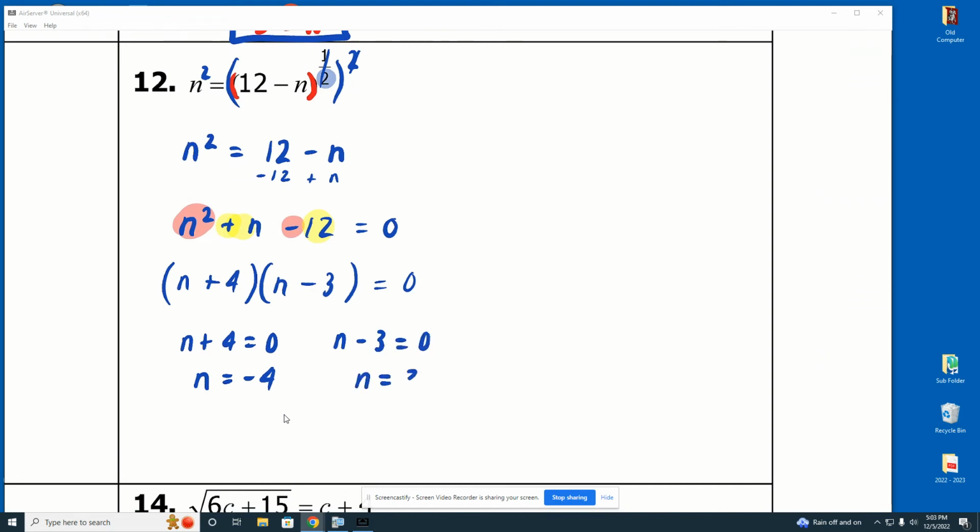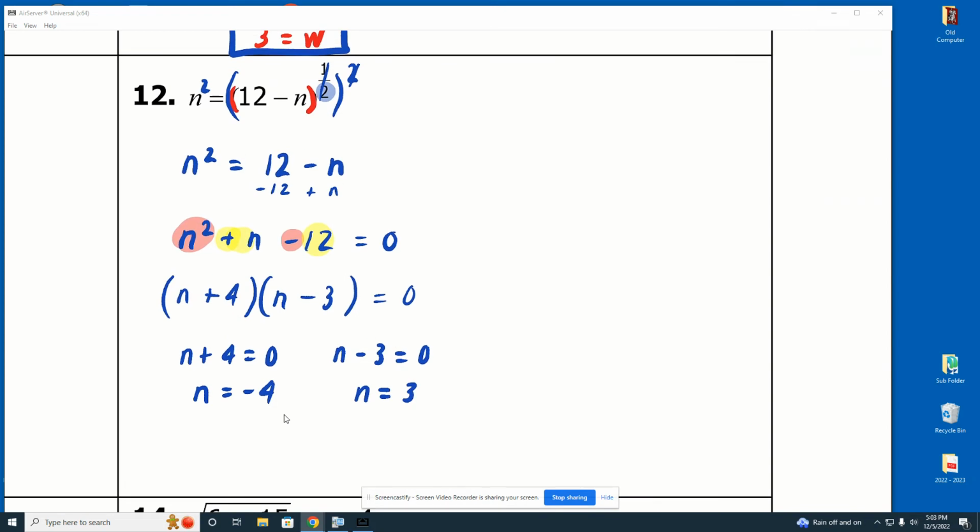So my two solutions that I need to check are negative 4 and positive 3. Now, I'm going to go back up. I'm going to erase all this stuff that I had done up here because I need to type these in. Well, on the left side, of course, it's just n. So when I try that first value, that's just negative 4. But on the right side, type in open parenthesis 12 minus negative 4 raised to the 1/2.